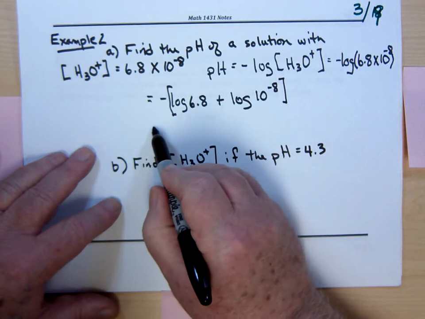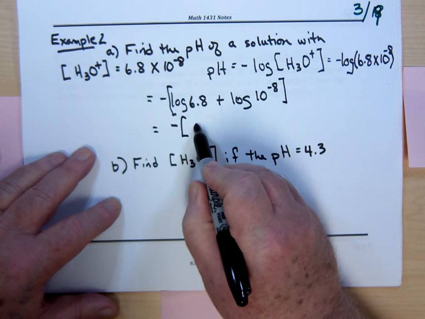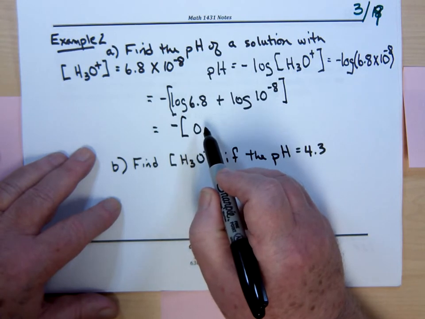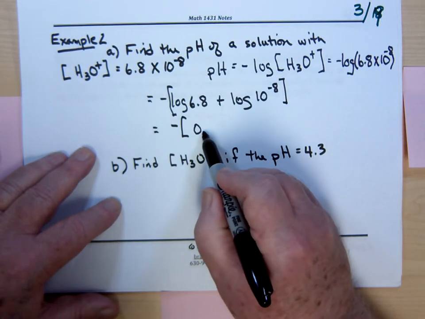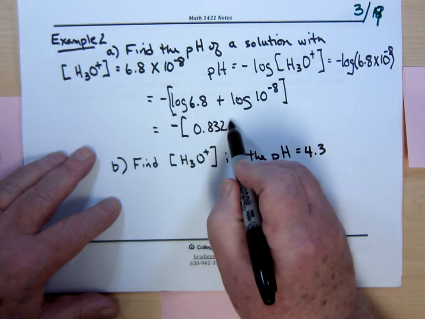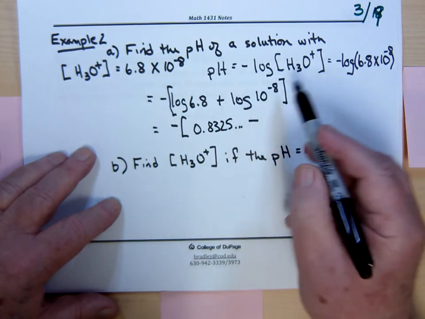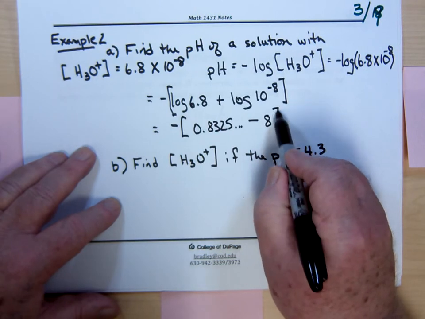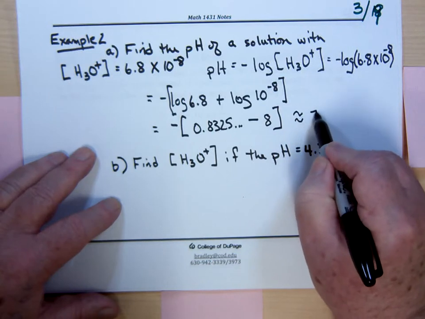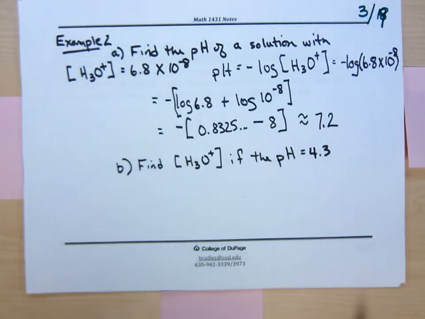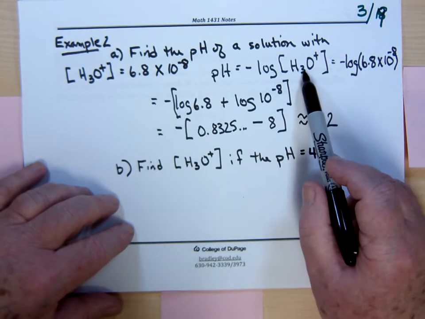So that is going to be equal to minus, you'll plug this into a calculator, and you get 0.8325, and there's more numbers there, minus, and then the logarithm base 10 of 10 to the minus 8 is just going to be minus 8. Now you got some minus times a minus action happening here, but this is going to be approximately 7.2.